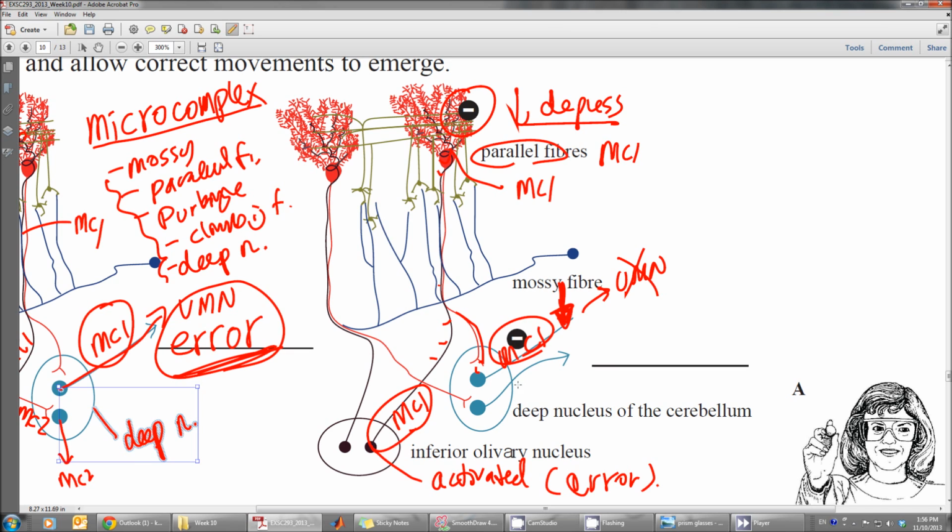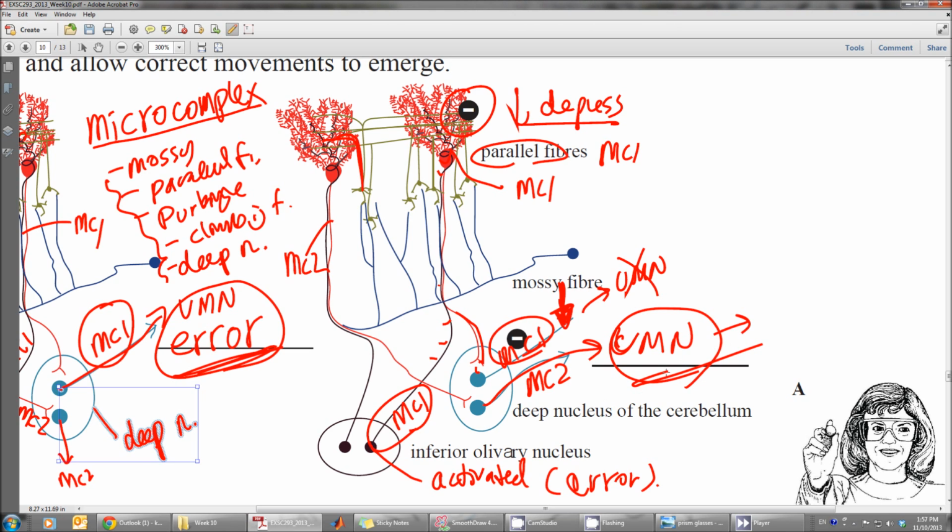So now what happens is this microcomplex 2 will send the output to the upper motor neuron, and the Purkinje fiber for this MC2 will be activated, as will the parallel fibers for this MC2. So once this works, that's fine, but once it doesn't work, the same pattern will repeat again.